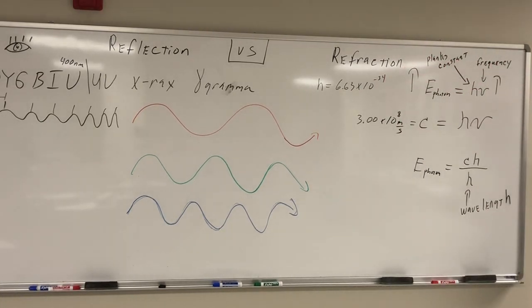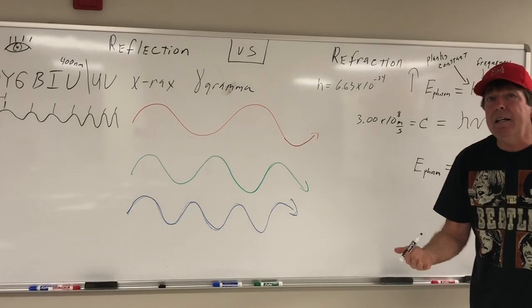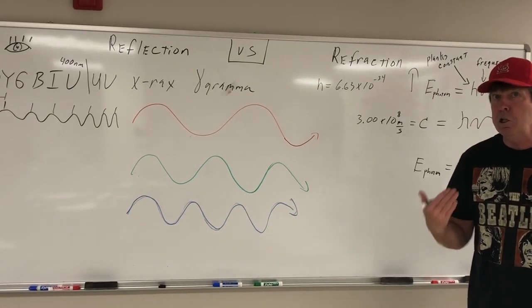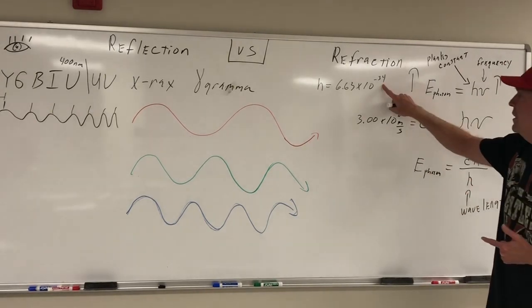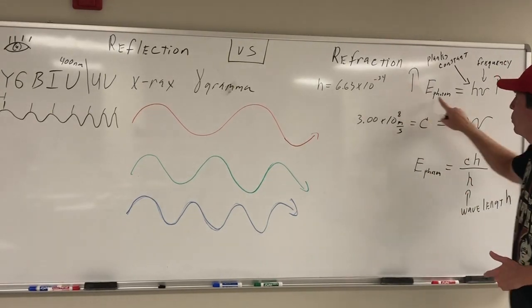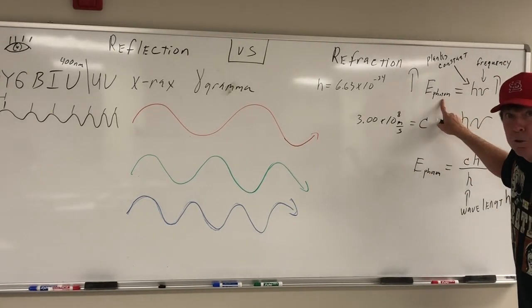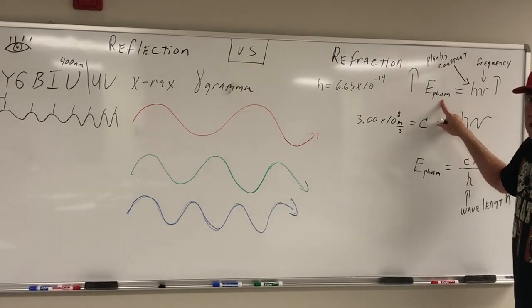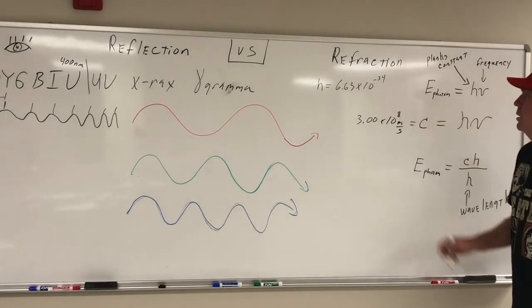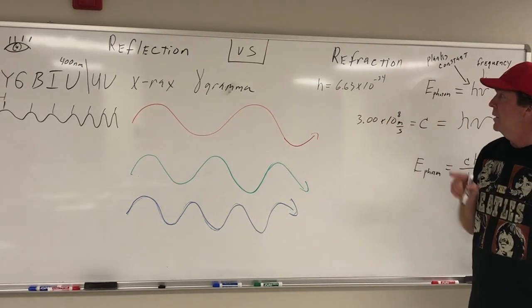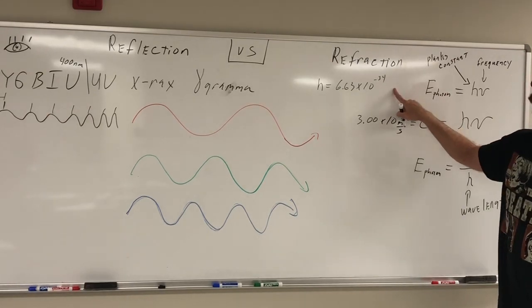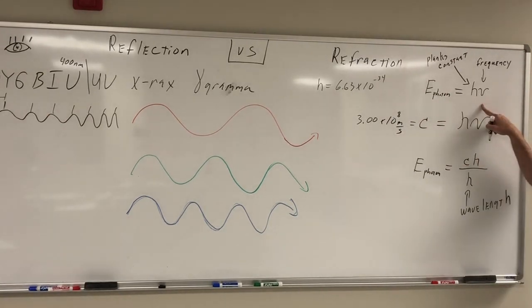Well, what do we predict is going to be the units for Planck's constant? Obviously a very small number, but remember this is for a single photon, which is minuscule. It's smaller than minuscule. Here is our Planck's constant. What are going to be the units for Planck's constant based on this equation?